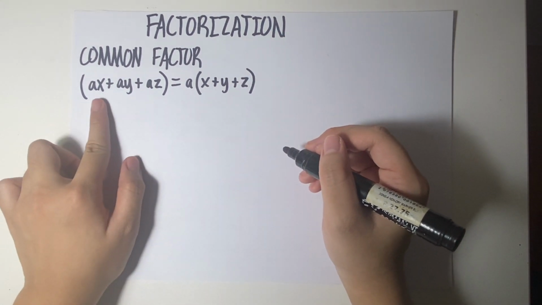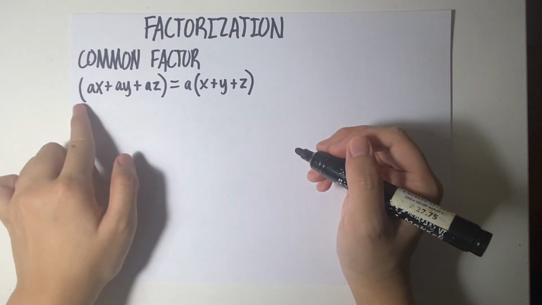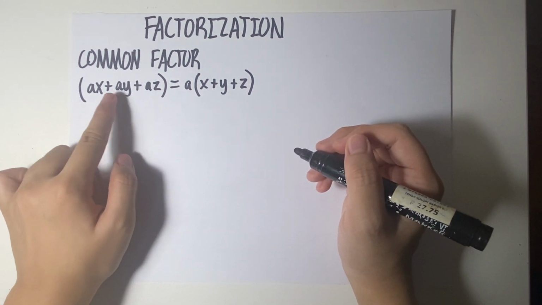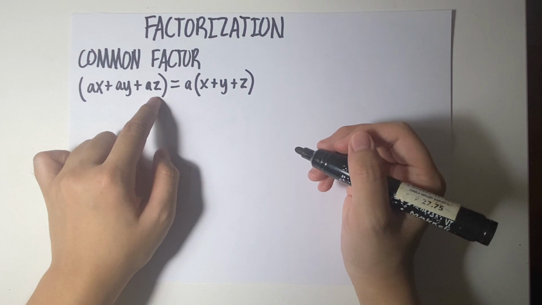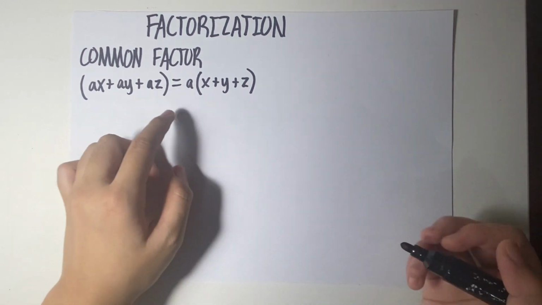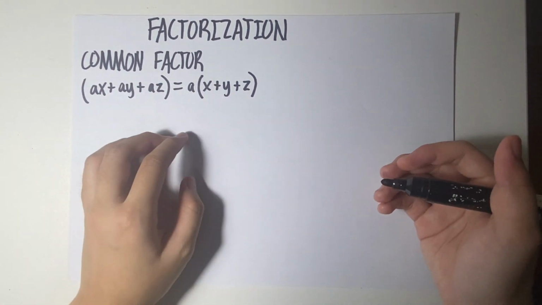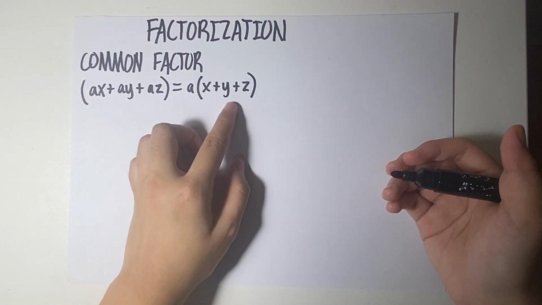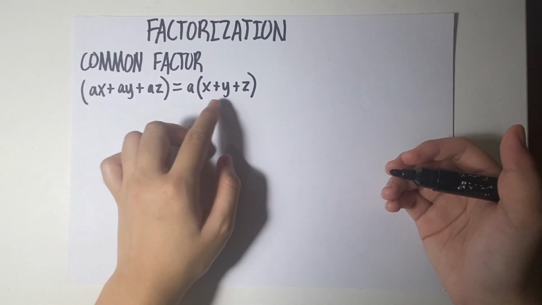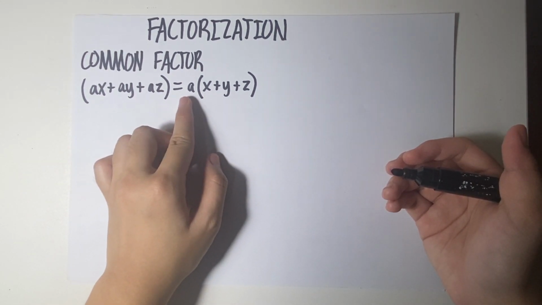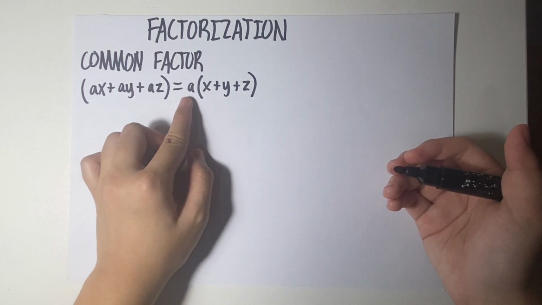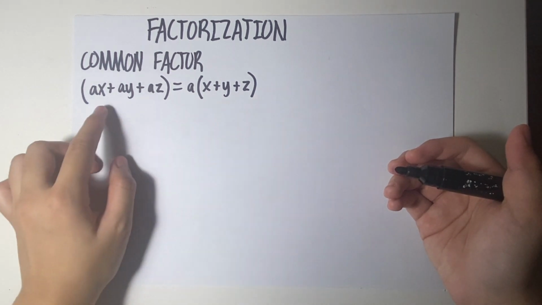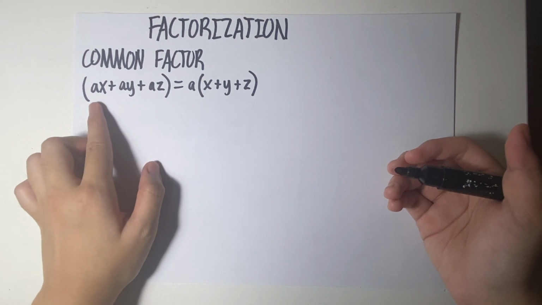And so we can see in the bracket here, a is the common factor because a is multiplied by x, a is multiplied by y, a is multiplied by z. Therefore, we can factorize by moving a outside of the bracket to indicate that when you multiply a by this bracket of x, y, z, it will result in this.